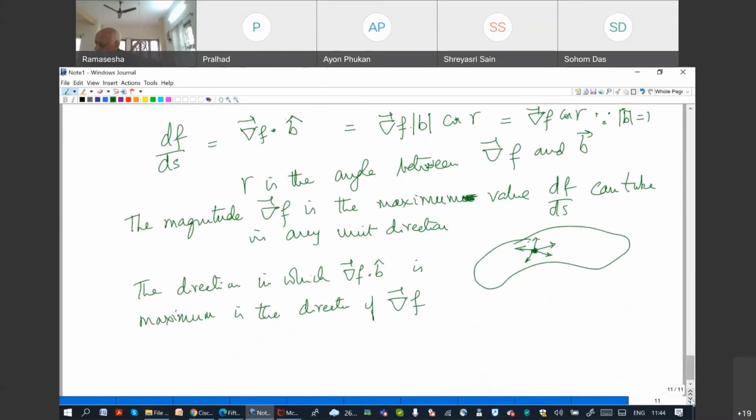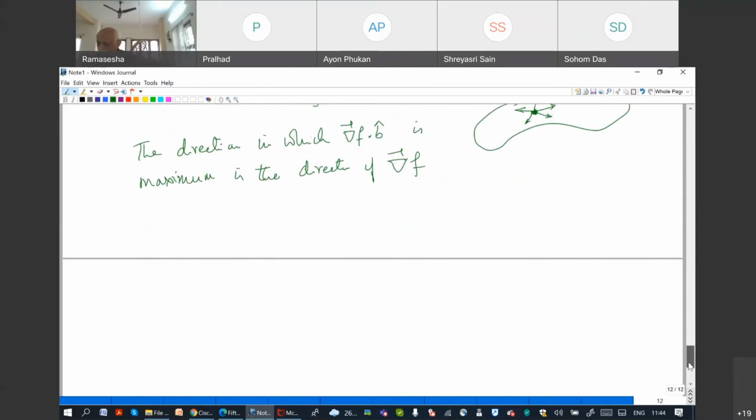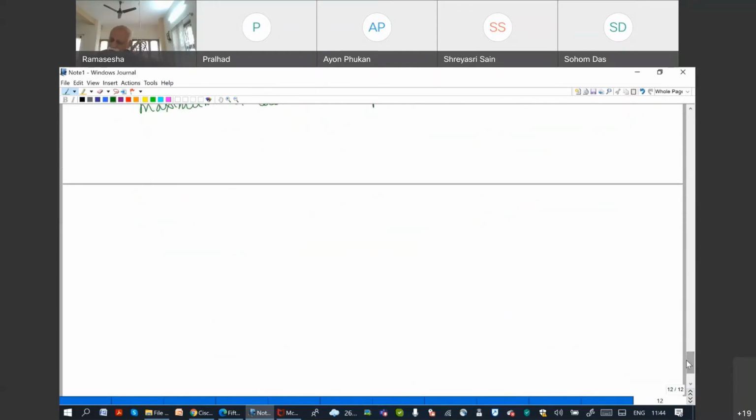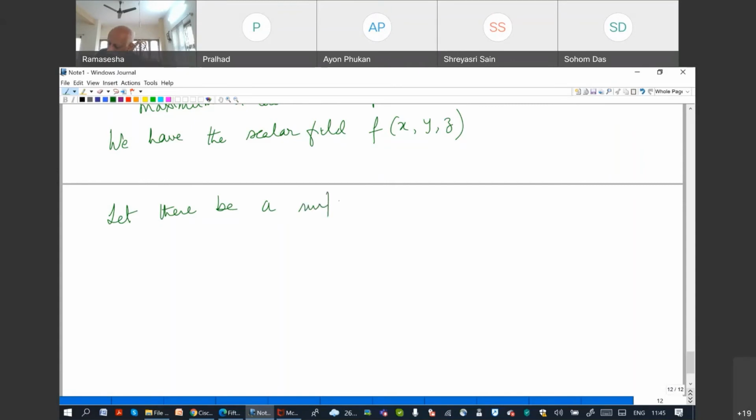And in order to understand the direction a little better, let us look at what are called level surfaces. We have the scalar field f of x comma y comma z. Let there be a surface in this scalar field.